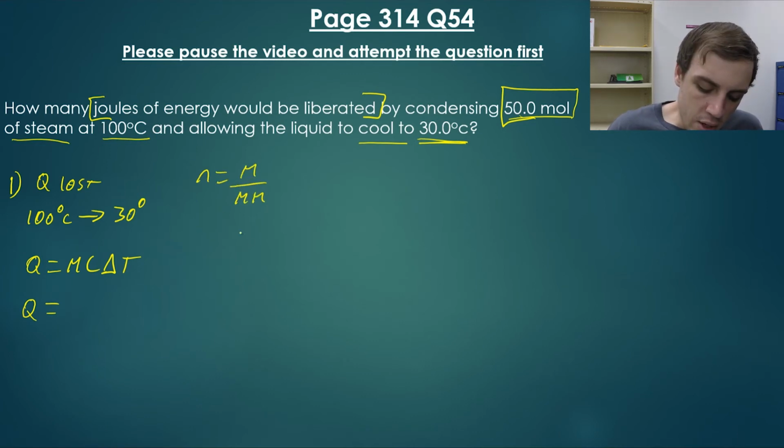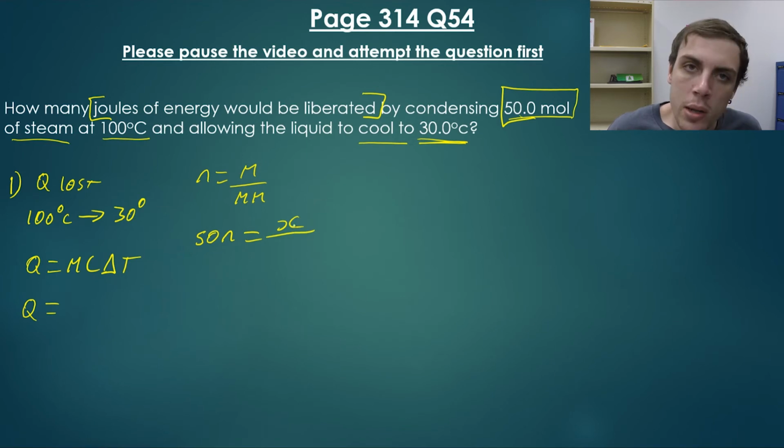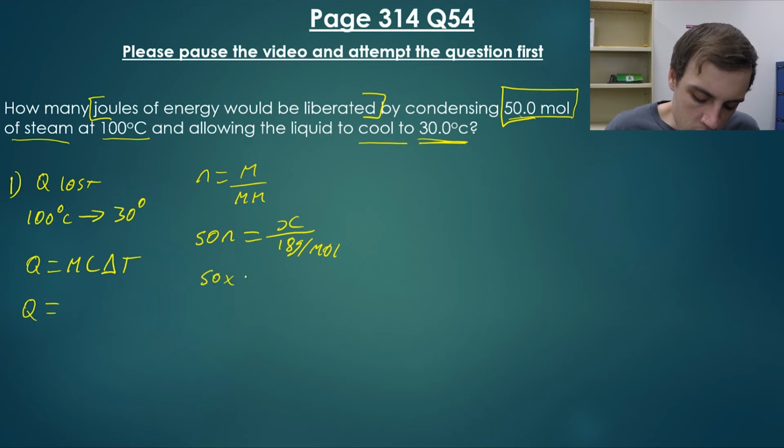So the moles, which we know is 50 moles, is equal to the mass, which we don't know, divided by the molar mass. So we rearrange this, we move this over here. So we're going to have 50 times 18, and that's going to give us 900 grams.